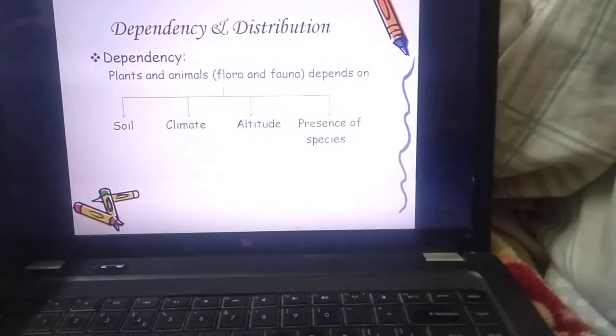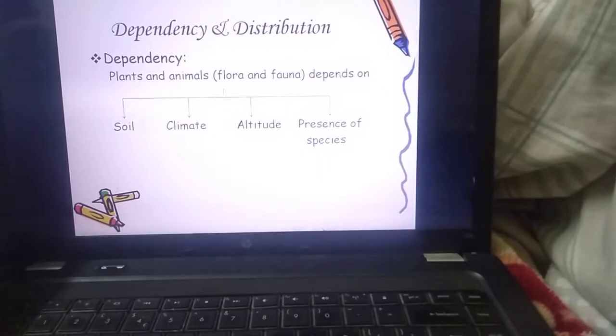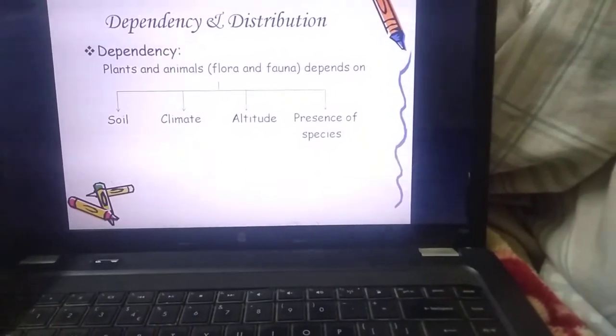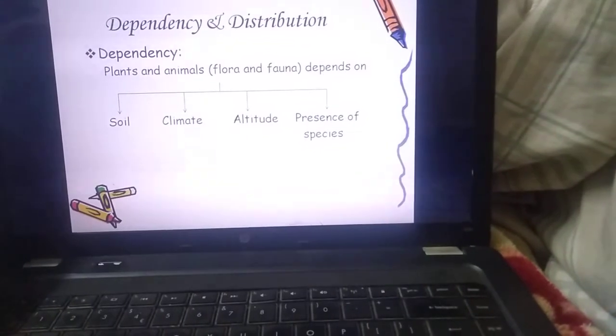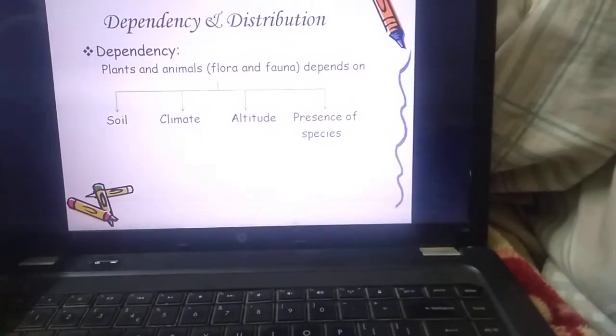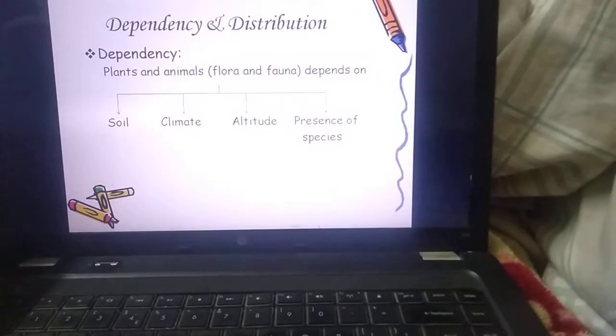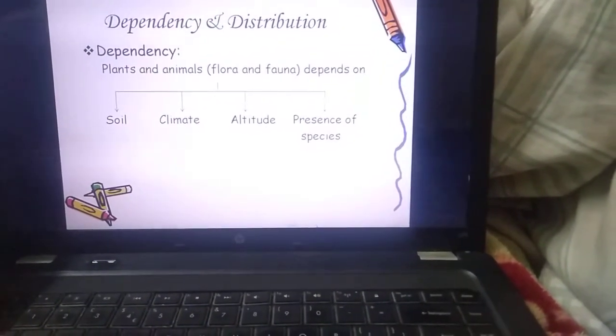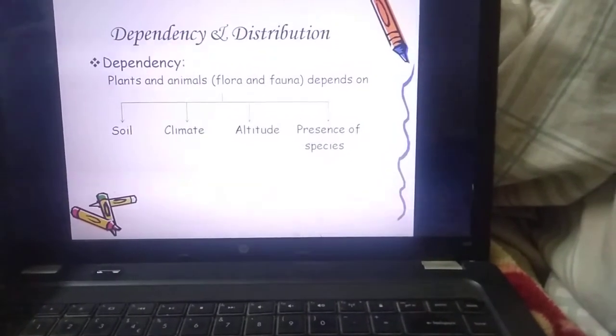Number 1, soil. Number 2, climate. Number 3, altitude. And the last one is presence of other species. These are the 4 factors on which biodiversity depends.